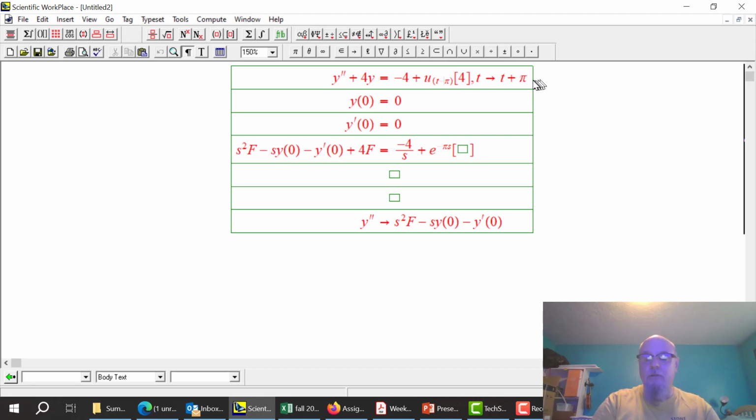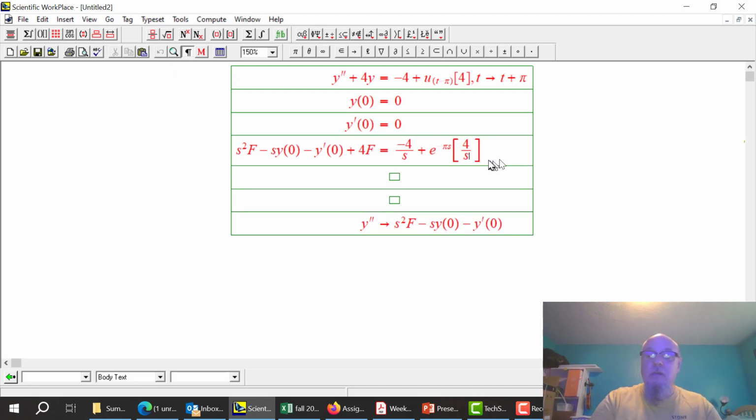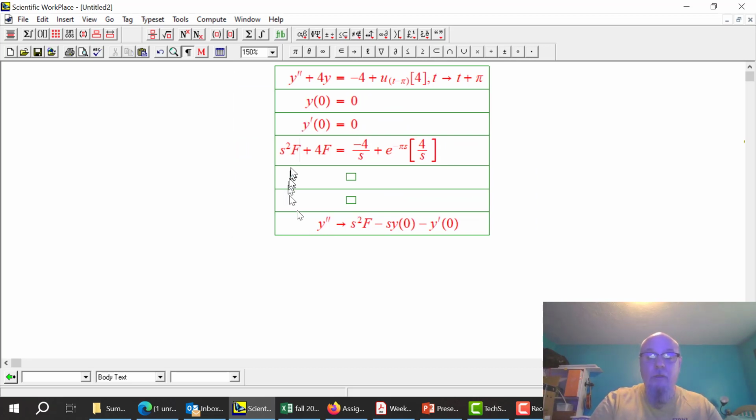Everywhere there's a t, I have to put a t plus pi and then transform it. Now it doesn't matter here, there is no t, it's just 4. But I have to think about that. Now let's transform 4, that's 4 over s. The initial conditions are both 0, so that makes these parts disappear. Y naught is 0, y prime naught is 0.